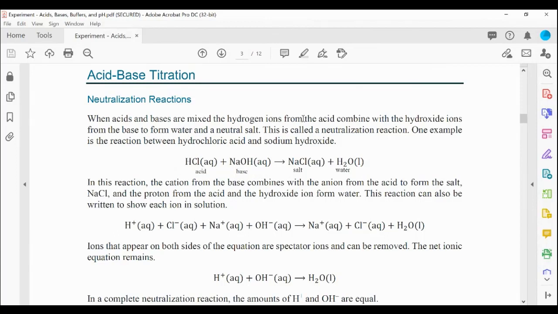And now we are going to learn what is a titration. Everybody says acid-base titration. Okay, what is a titration? We are going to perform a titration in this experiment. And a titration is just a method to determine the concentration of an unknown.